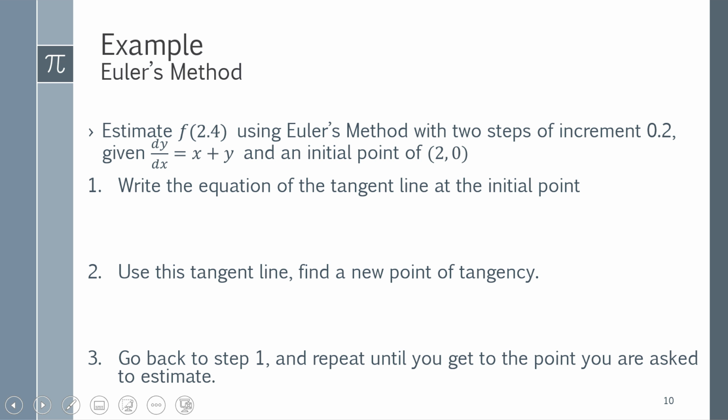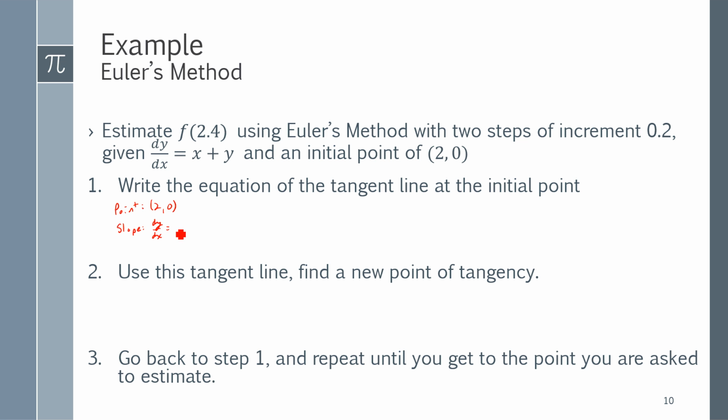So where we start is we write the equation of the tangent line at the point that we're given. To write the equation of a tangent line, I need 2 things. I need a point, which they tell me is (2, 0), and I need the slope, and I have a differential equation, which tells me dy/dx is x plus y.